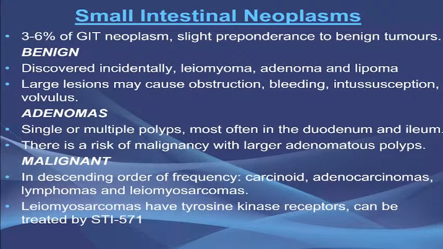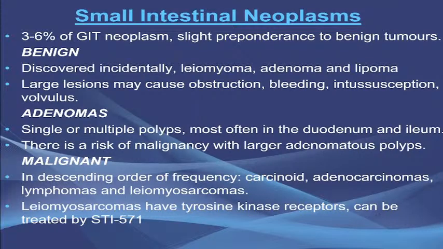So let's look at tumors of the small intestine. They comprise 3 to 6% of GIT neoplasms, with a slight preponderance of benign tumors. So in the small intestine, there is a slightly higher chance that they will be benign.